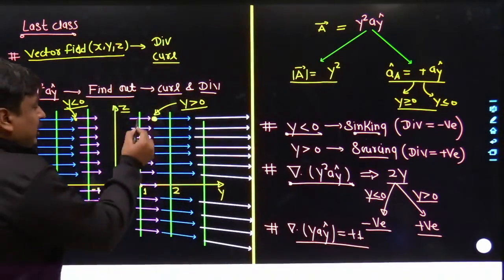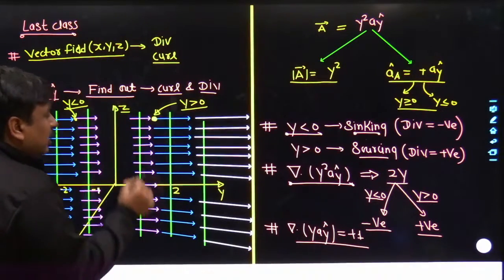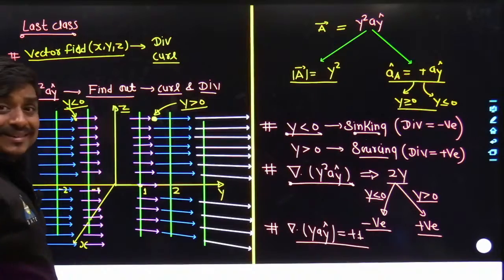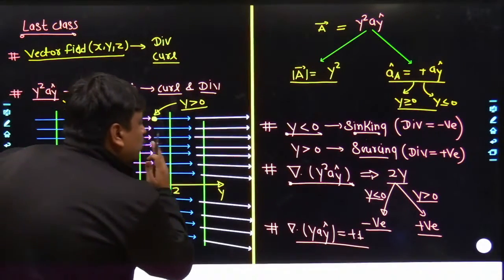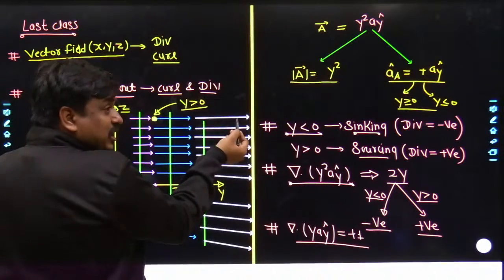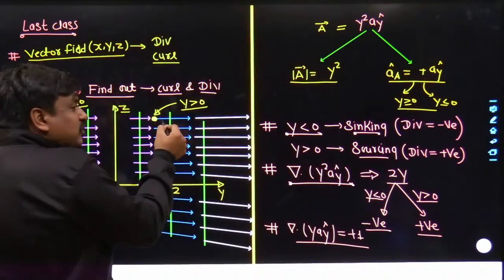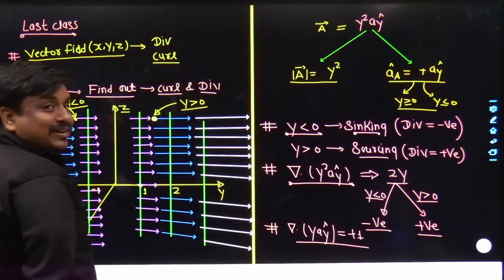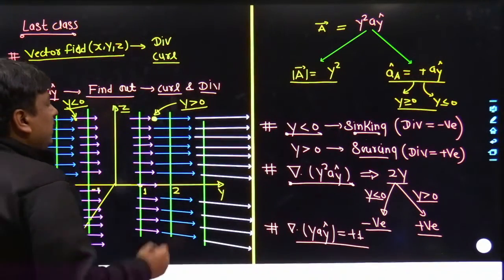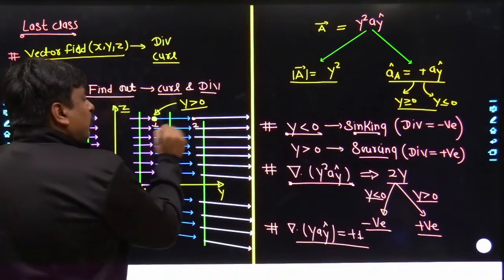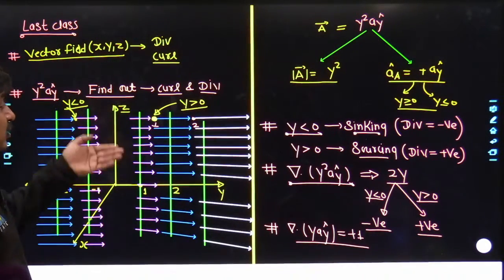See, if you are calculating somewhere at this point, the input is 1 and the output is 4, so the difference is going to be 4 minus 1, that's a 3. If you go towards the higher value of y, if you come somewhere here, the magnitude is 3 to the power of 2, that's a 9, minus 2 to the power of 2, that's a 4. 9 minus 4, that's nothing but 5. You can see very well, if we say this is point 1 and this is point 2, both would be sourcing in nature. Where would the sourciness be more?